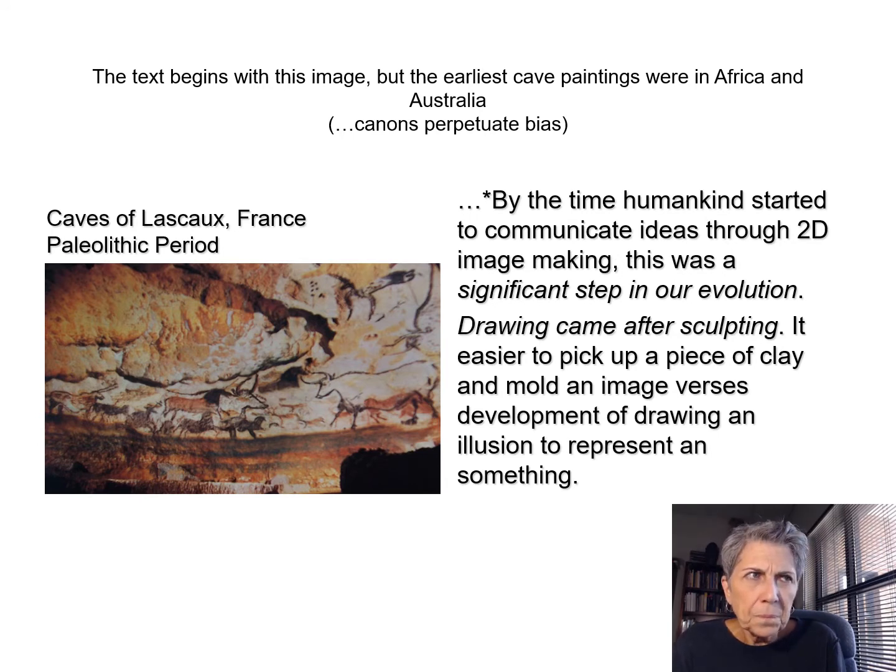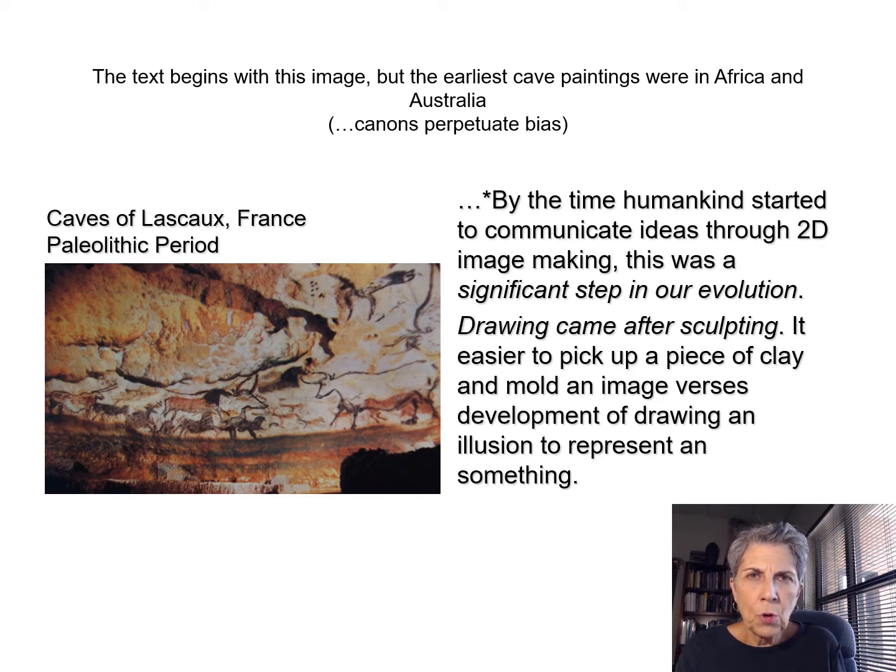So this image you see, it's very interesting because this is a drawing, but drawings didn't come first. Actually, sculpture came first, because it's easier to take a piece of clay and carve a figure with our hands than it is to have an idea about a concept.